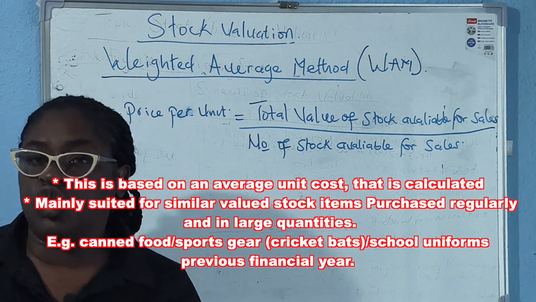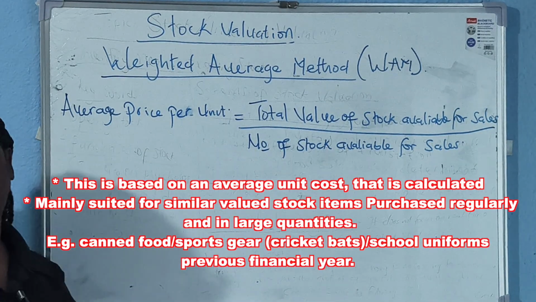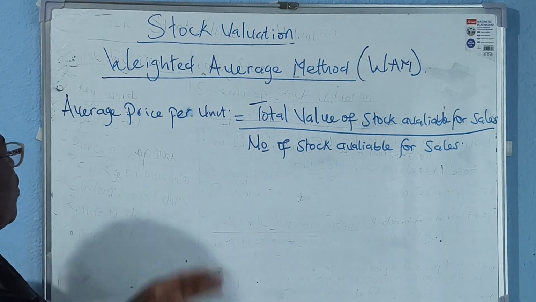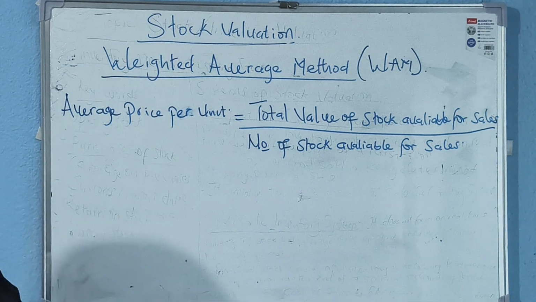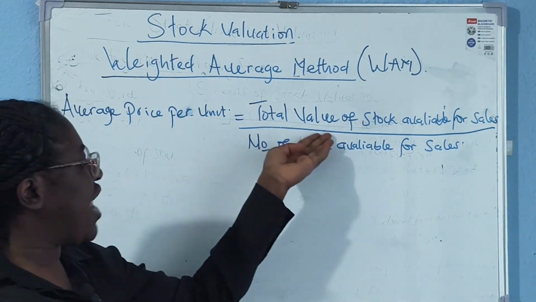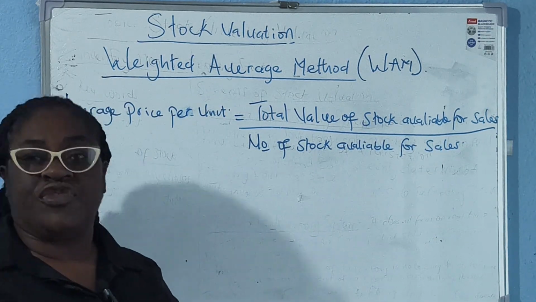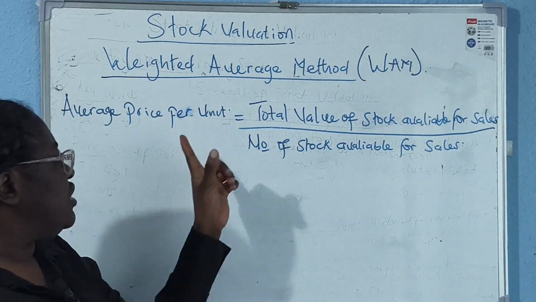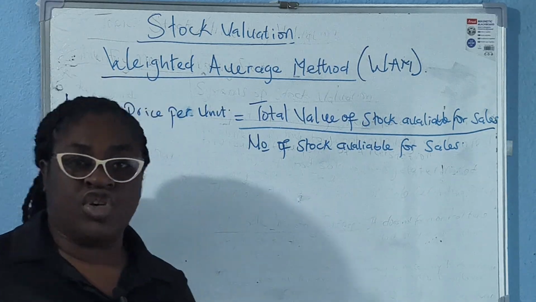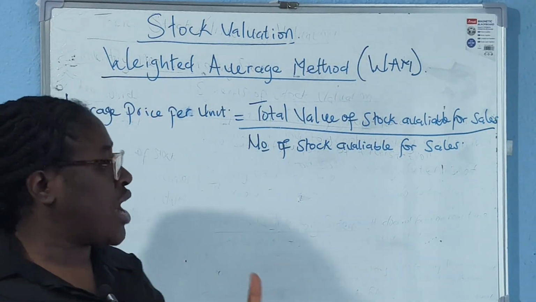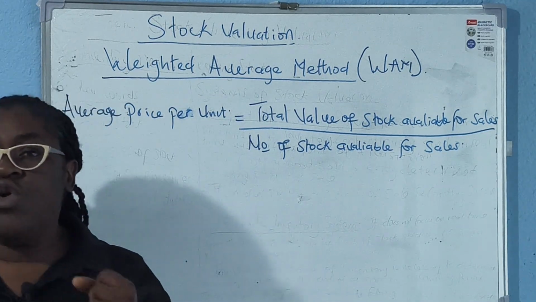So the first thing you need to know when calculating your closing stock using the weighted average method is the average price per unit. And how do we calculate the average price per unit? We say the total value of stock available for sales divided by the number of stock available for sales.